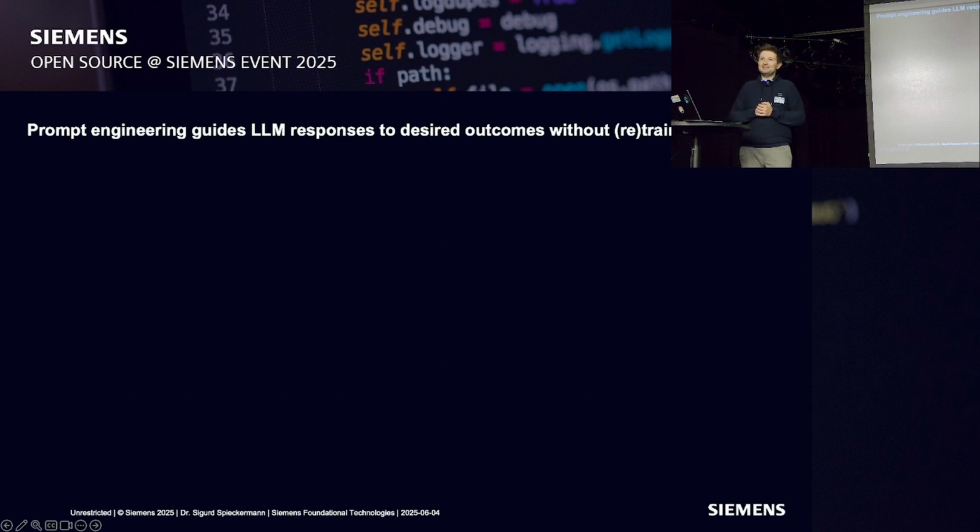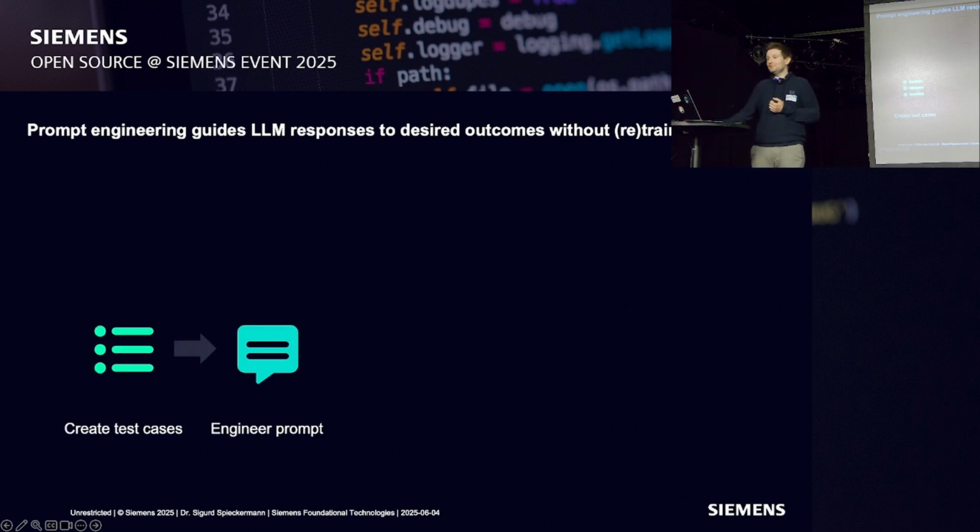The most common techniques to use LLMs in applications are based on prompt engineering. You're contextualizing the LLM to guide it towards the task that you're trying to solve. What you typically do in this case is create test cases, so kind of test-driven development.